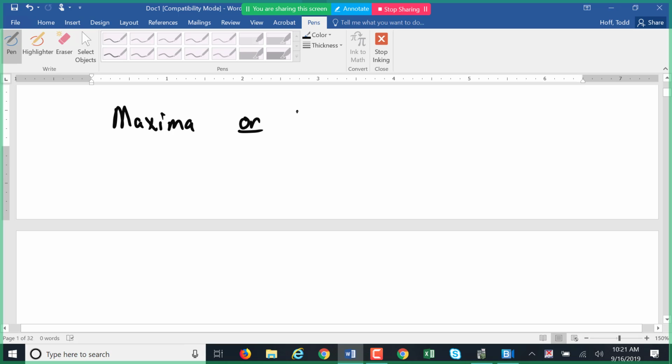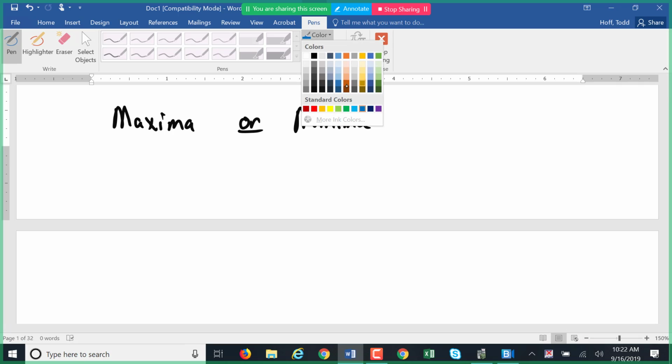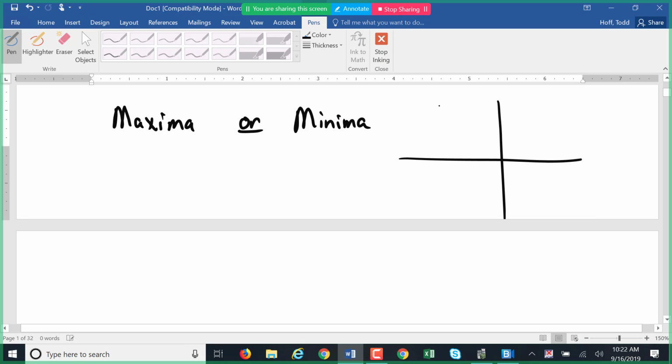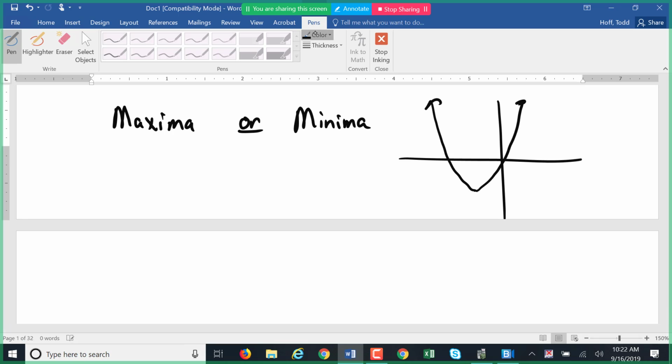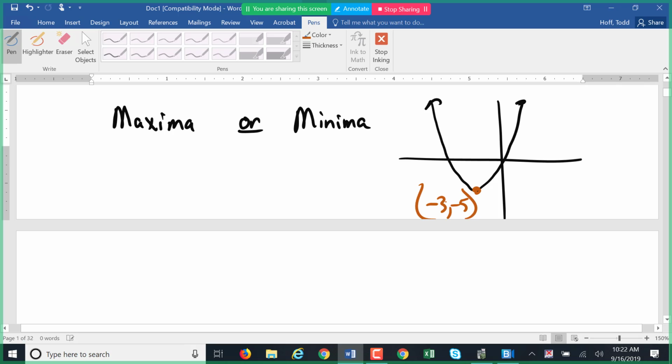Or a minima. Now these are pretty common sense from the prefix. Max, of course, means largest. Min means smallest. And once again, it can be absolute or it can be local. If I have a graph, let's go back to my parabola with a vertex at -3, -5, there is an absolute minima.